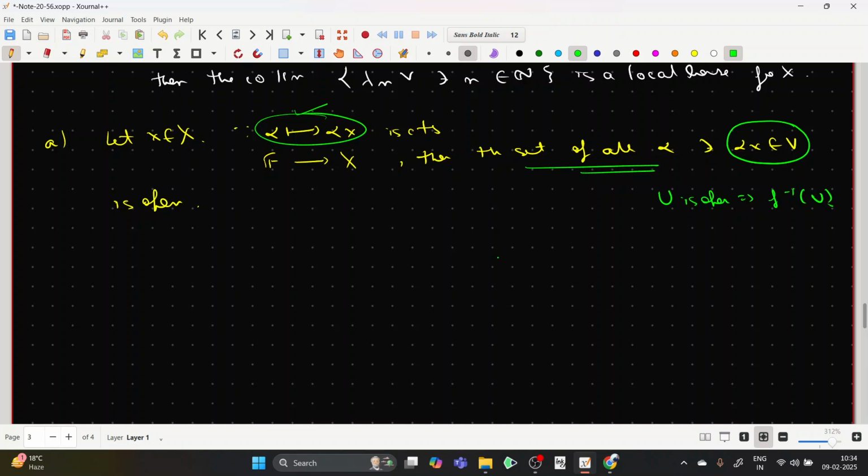What more can I say? V is a neighborhood of the origin, so V contains the origin. What is the scalar which will eventually map to the origin? Alpha becomes 0, so the inverse image will contain the origin, right? Therefore, this is open, and not only open, it contains the origin.